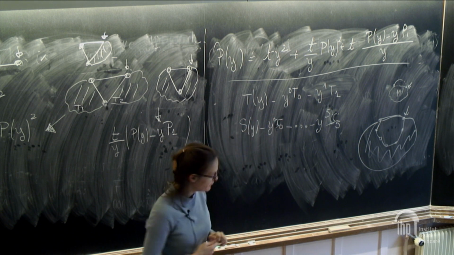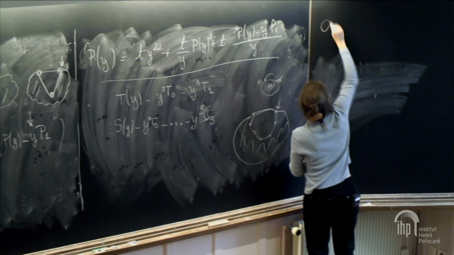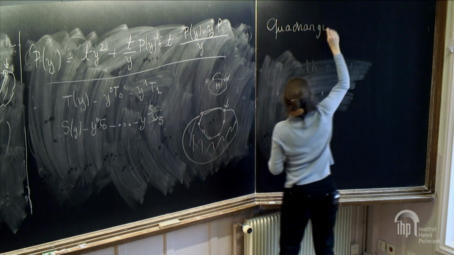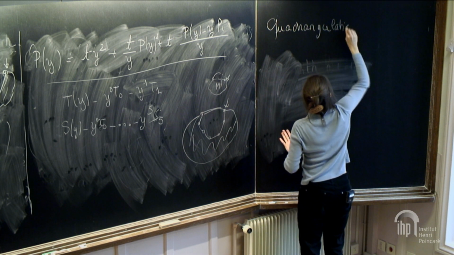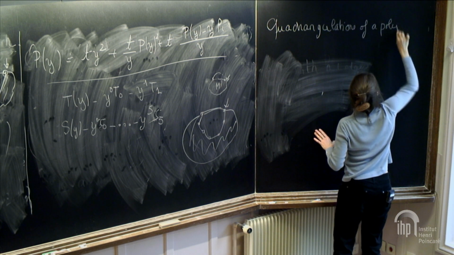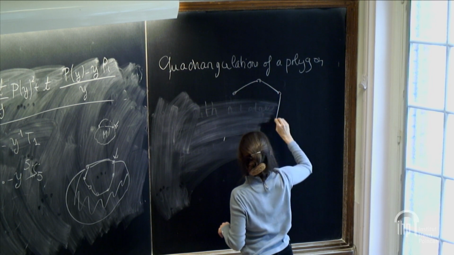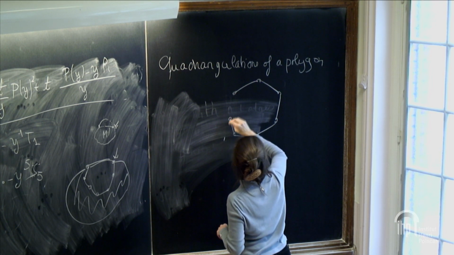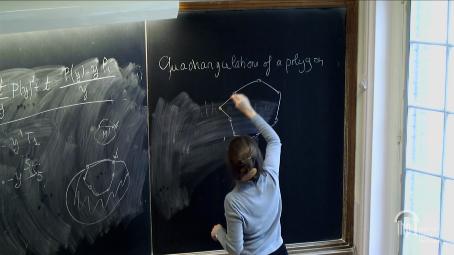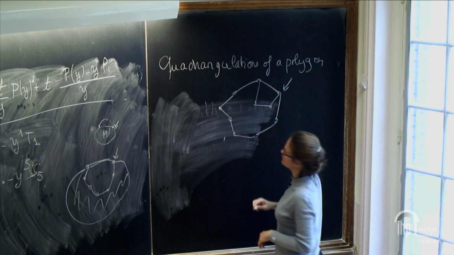For instance, the first historical example of that type was for quadrangulations of a polygon. So as before, we have a simple outer face, 1, 2, 3, 4, 5, 6, 7, 8. And you want faces of degree 4 inside.